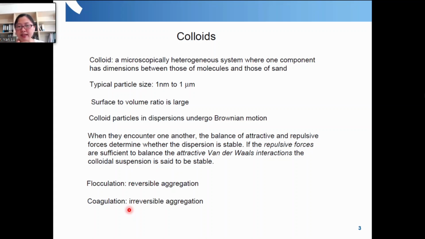But in some cases, when the particles are aggregated, it is still possible, for example with a salt solution. If you add some salt, the particles aggregate. But if you add more and more salt, at some point the salt will have a screening effect, and then the particles are redispersed again. In that case, it is called flocculation. So just keep in mind that these two definitions are different.